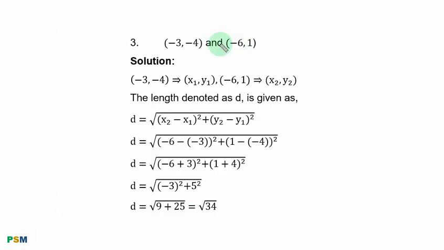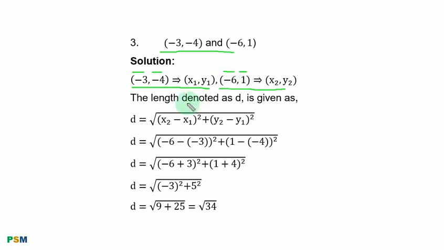Example 3, you have the 2 given end points. Solution. The first point is the first ordered pair. The second point is the second ordered pair. So this is S1, Y1, S2, Y2.